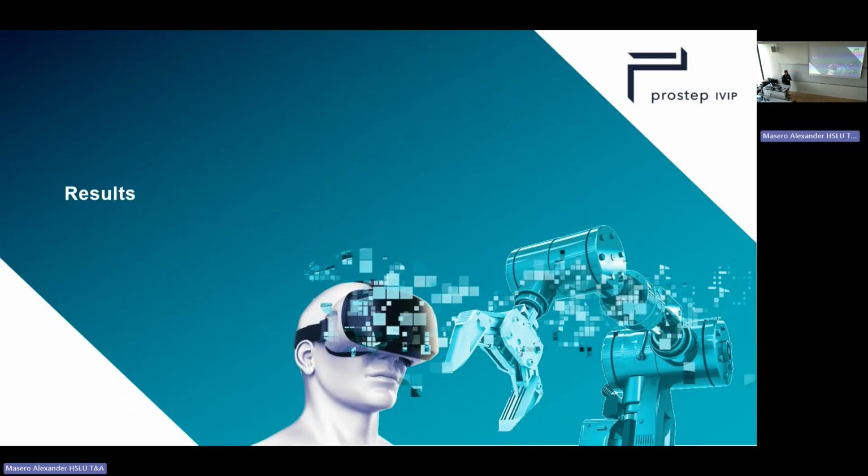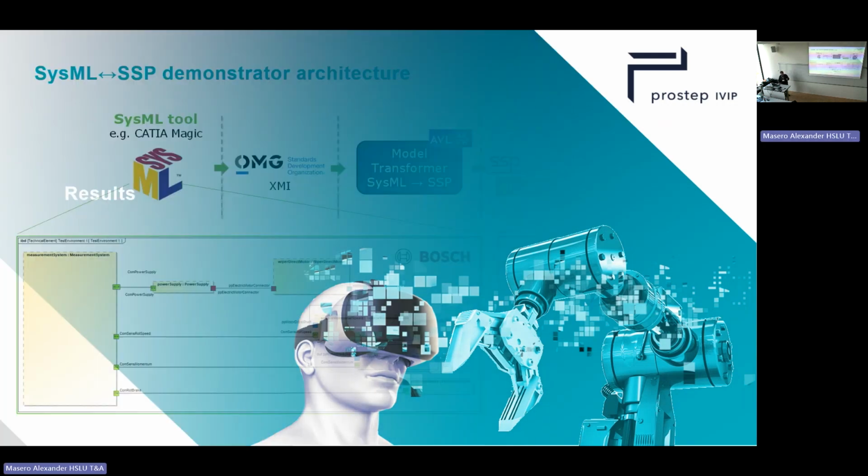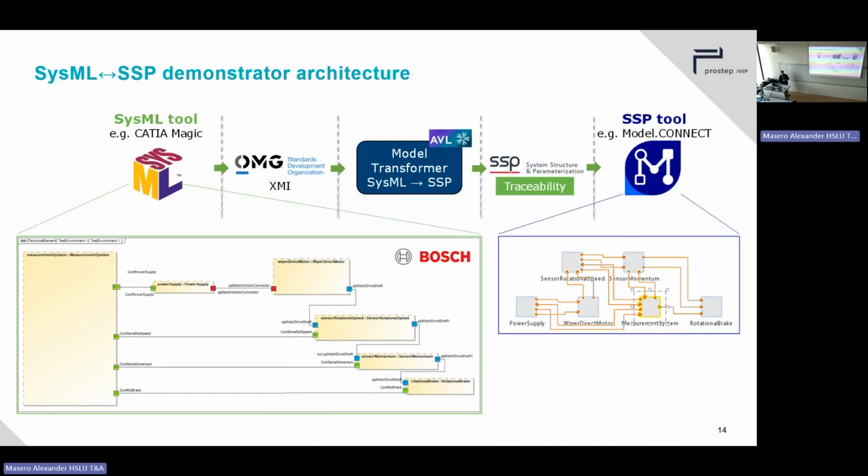Preliminary results at the moment. What we have done within the SmartSE project, specifically in a collaboration between AVL, my company, and Bosch, the company of Hans Martin and Thomas Schwarzkopf, is develop a demonstrator, a proof of concept, showing that such an interconnection between MBSE and simulation based on standards is actually working.